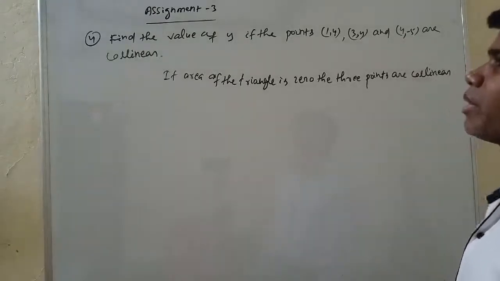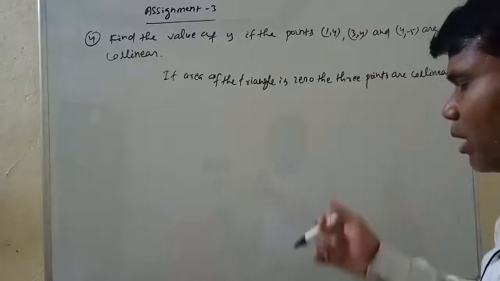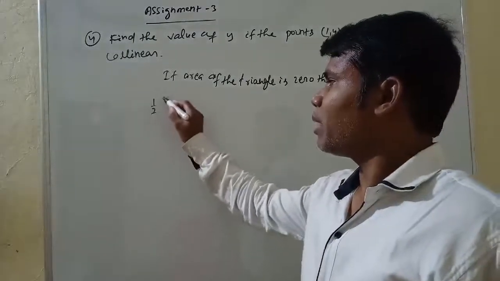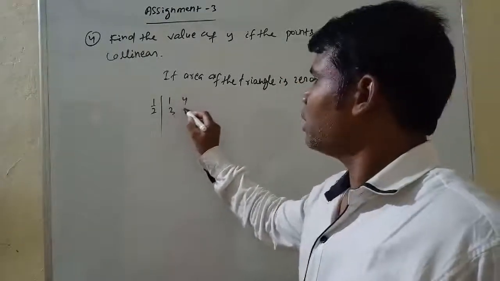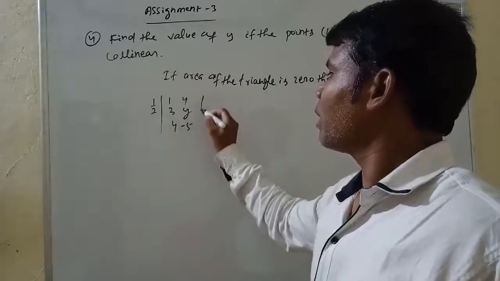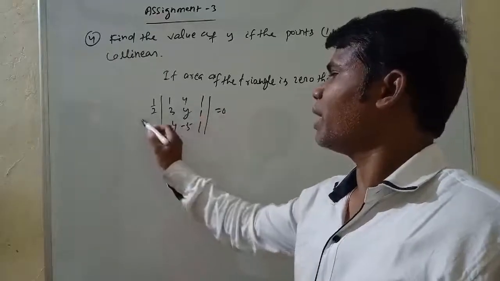Okay, that means you use the area of the triangle formula. Given half of [1 4 3y 4 minus 5 1 1 1] is equal to 0, we have to find the value of y here.